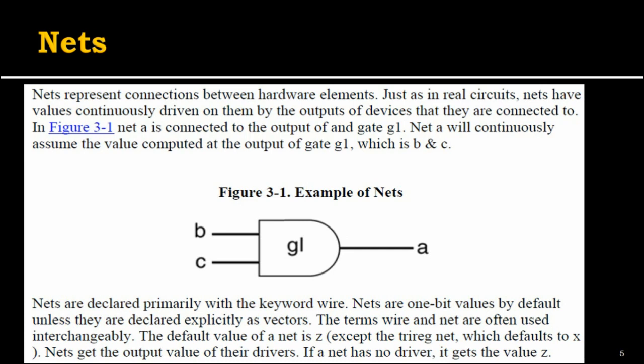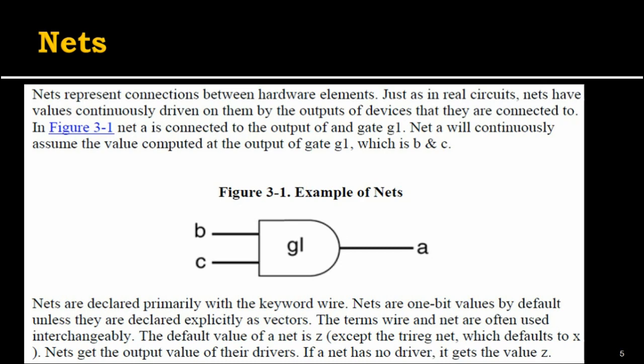If the net has no driver, it gets the value Z. So a net should have a driver. Without a driver the net cannot do anything. If the driver is not available, then the value of the net is Z, a high impedance state. The default value is the high impedance state. So a net must need a driver.